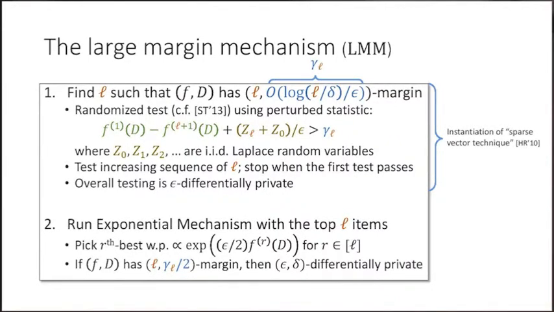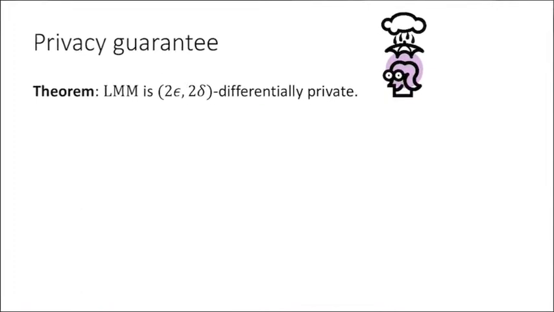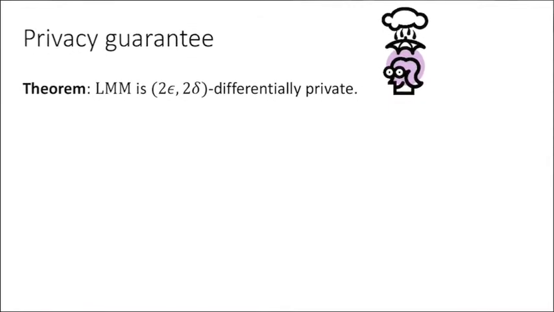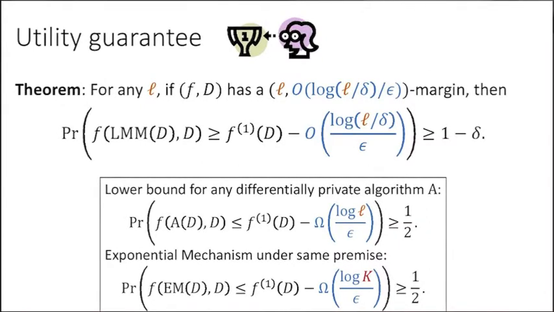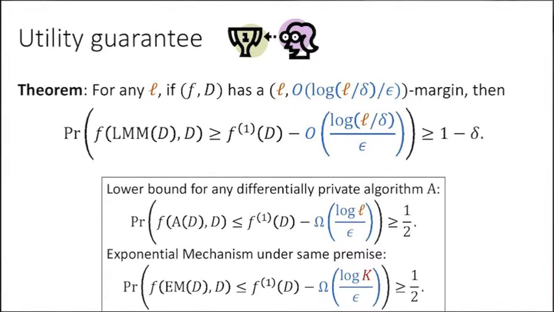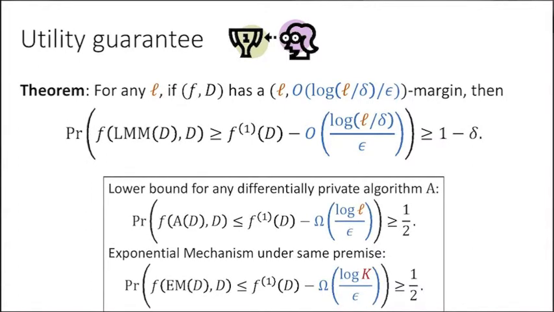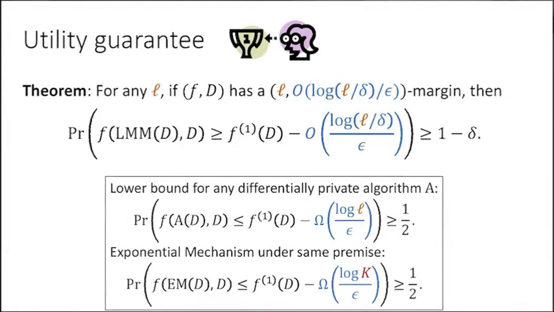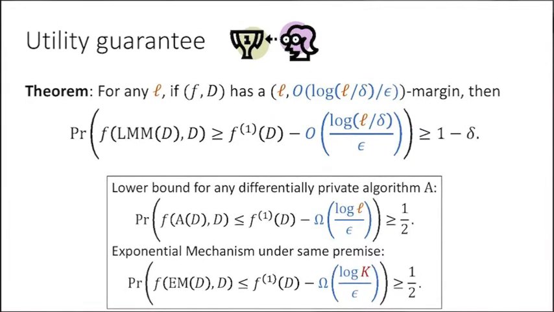So the kinds of guarantees that we have are the standard ones. This is the safety guarantee that this procedure is definitely differentially private with parameters 2 epsilon, 2 delta. But for the more useful guarantee, the utility guarantee, which says that if indeed the data set did satisfy this large margin condition, with margin L and log L over delta over epsilon, then we definitely release an item that's close to the best by this amount, log L over epsilon, with high probability.